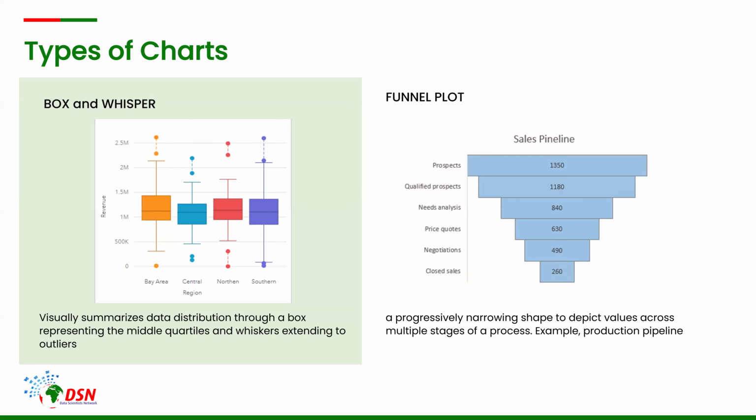Prospects is the first and has the highest, represented with a rectangle. Then we move further to qualified prospects, where we filter out our prospects more, so it goes down to a smaller rectangle.